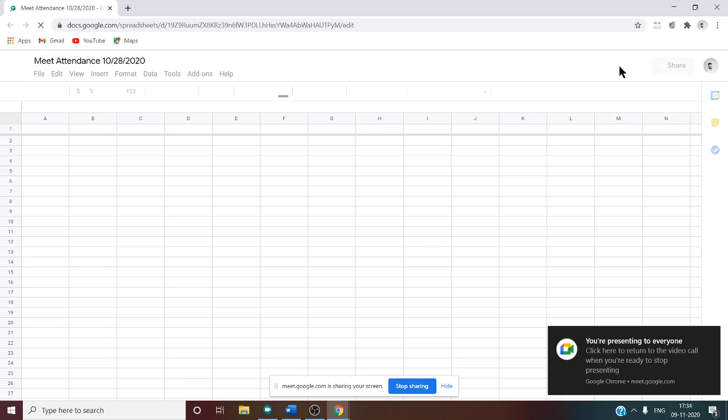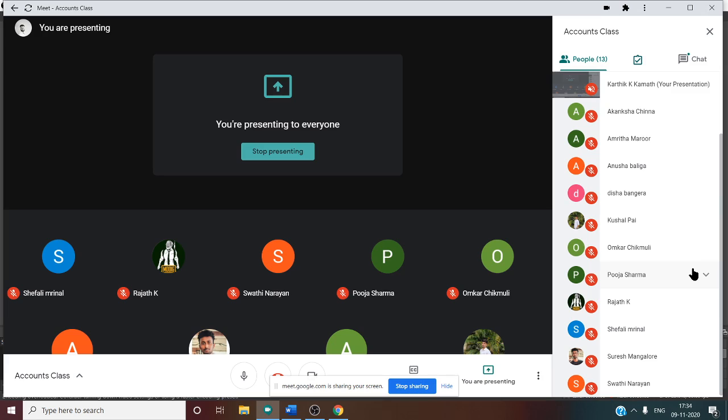Yes, Akamsha, Amrita, Anusha, Disha, Kushal, Omkar, Pooja, Rajat, Shifali, Suresh, Swati.